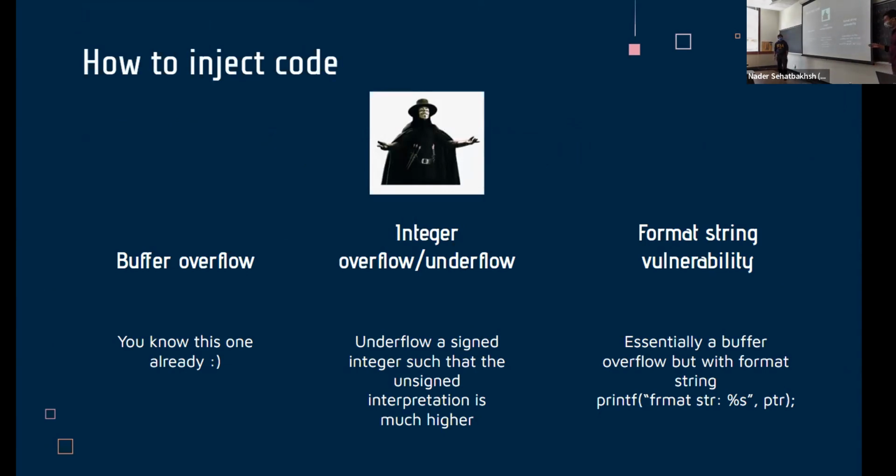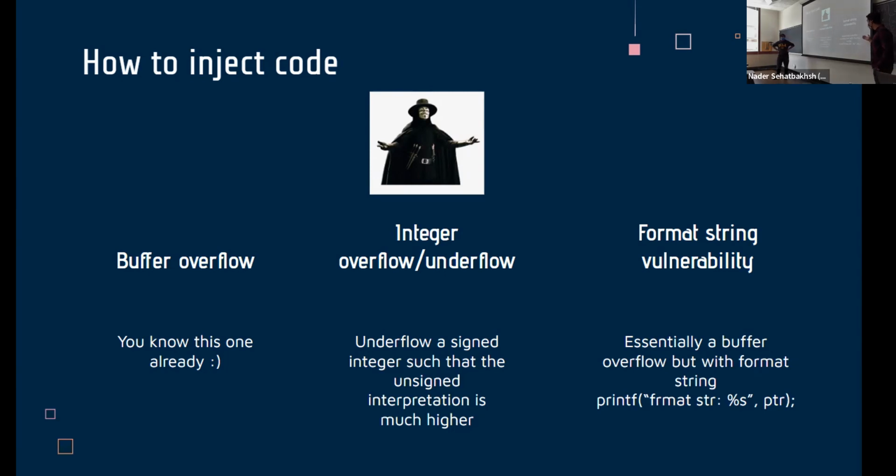So just to get started, we're going to talk about what exactly we can do to inject code, and there are three specific things. Buffer overflow. I'm assuming most of you know this because we've also discussed this in this class, so it's basic and I'm not going to go over the details. Integer overflow or underflow. The basic idea is that if your input is expecting a signed number and you input something like -1, which is all ones, and it gets interpreted as unsigned, it is the largest possible number, and that can corrupt the stack that you're pushing that input value into.